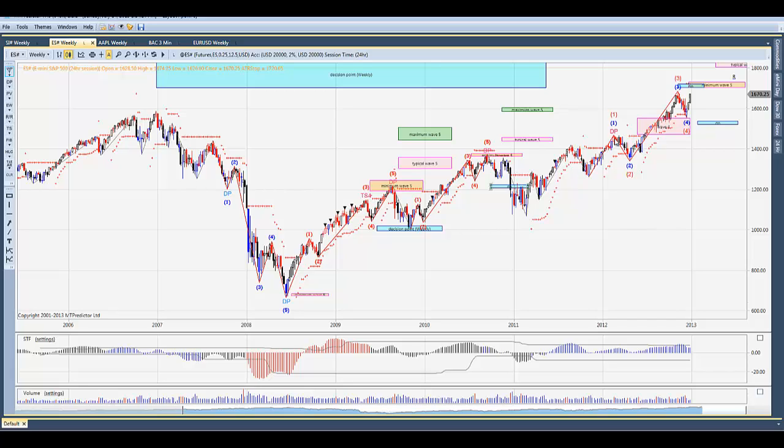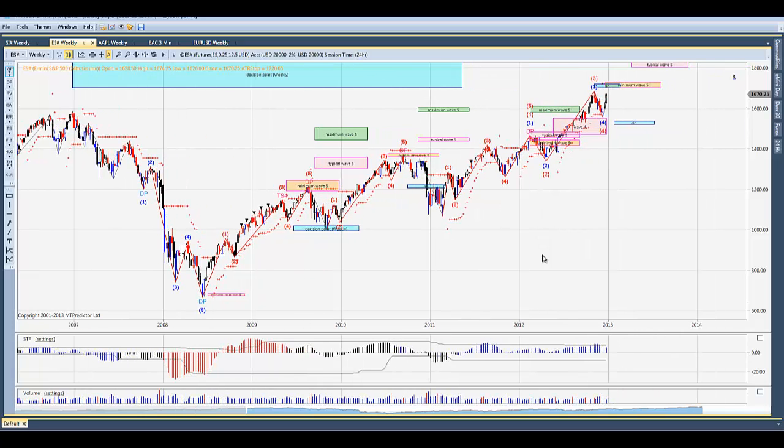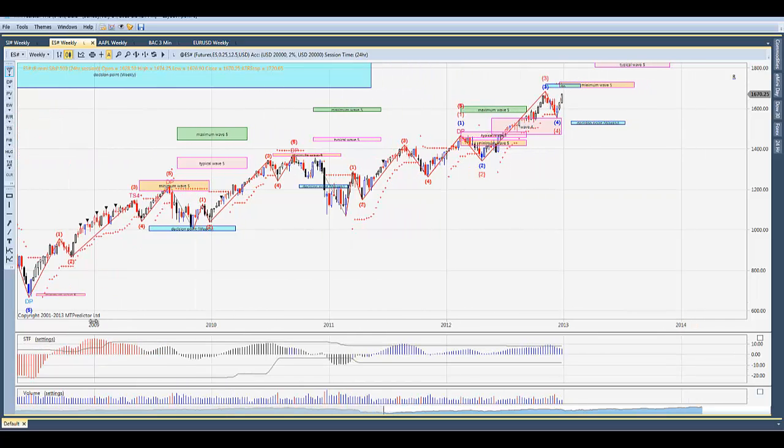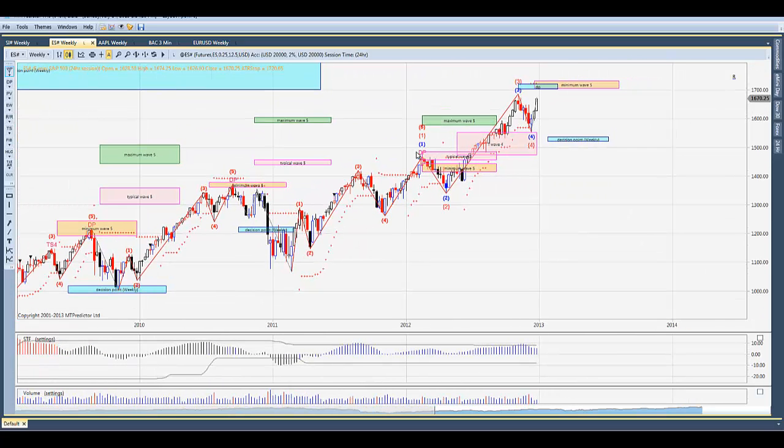And then the next that unfolded here, we had a 5-wave pattern up here, where the DP is, again, telling us that there was a potential top here. Now this one unfolded. You see it went a little further, went into the typical wave 5 resistance area here beyond the minimum wave 5.